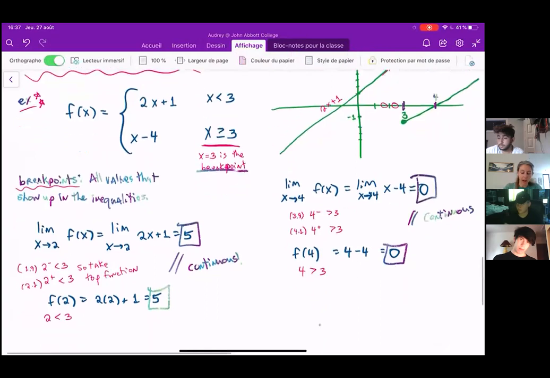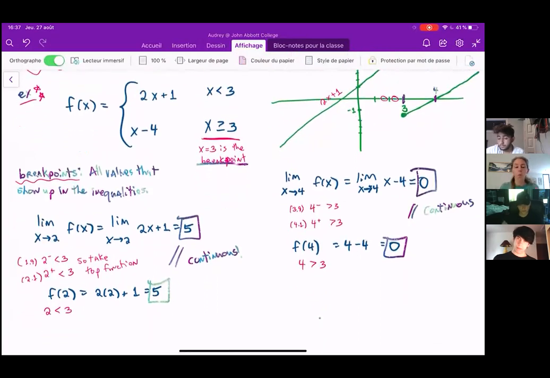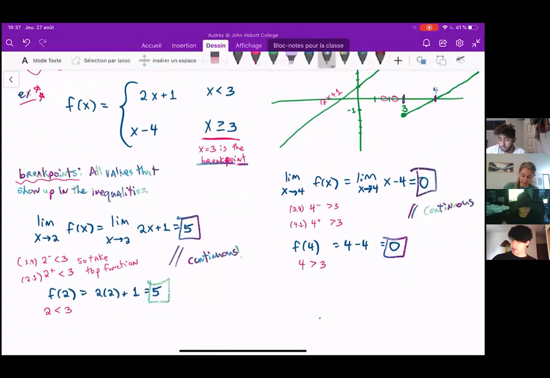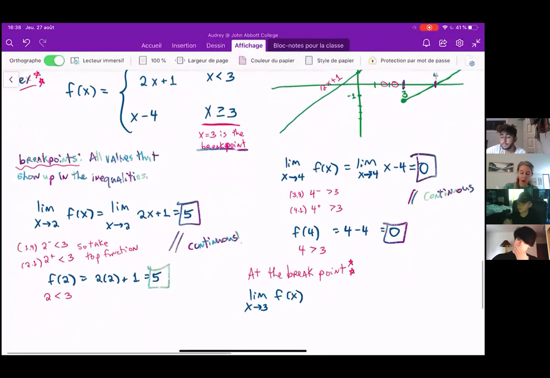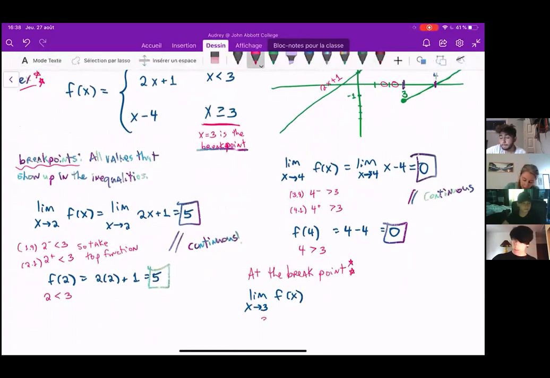Now the question is, what happens if I ask for the limit at the breakpoint? So if I'm looking for the limit as x approaches 3 of f of x, I'm looking for 3 from the left and 3 from the right.